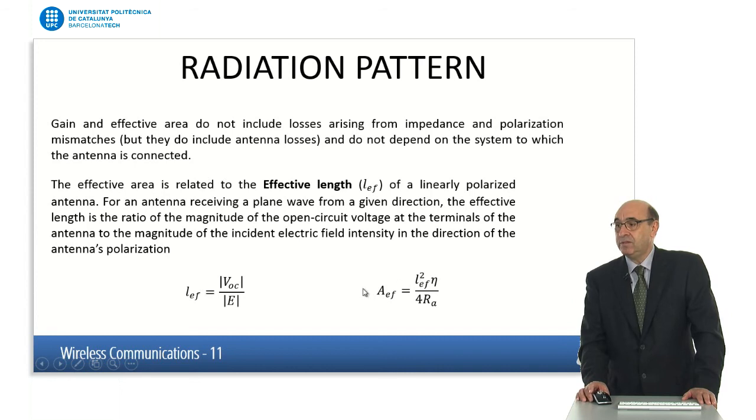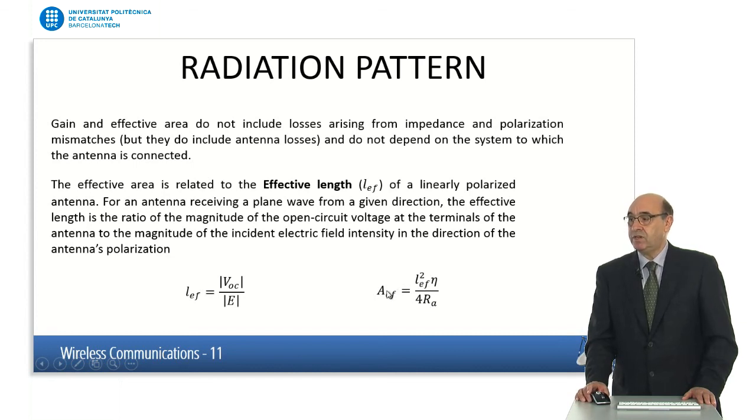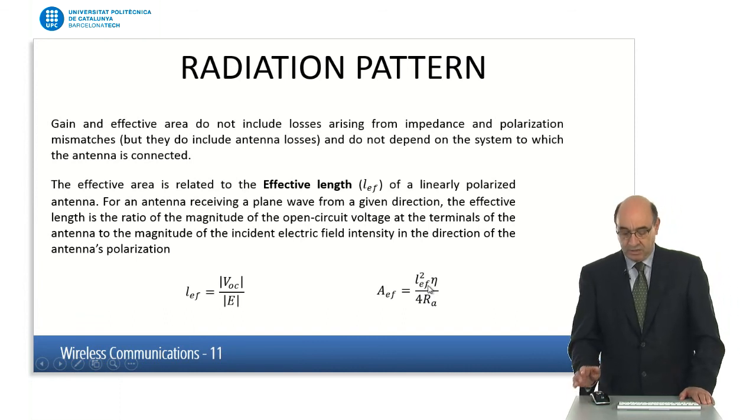So here you can have combinations of parameters. If you know the antenna resistance and the effective length, you also know the effective area and the gain. Or if you know the effective area and the radiation resistance of the antenna, then you also know the effective length of the antenna.